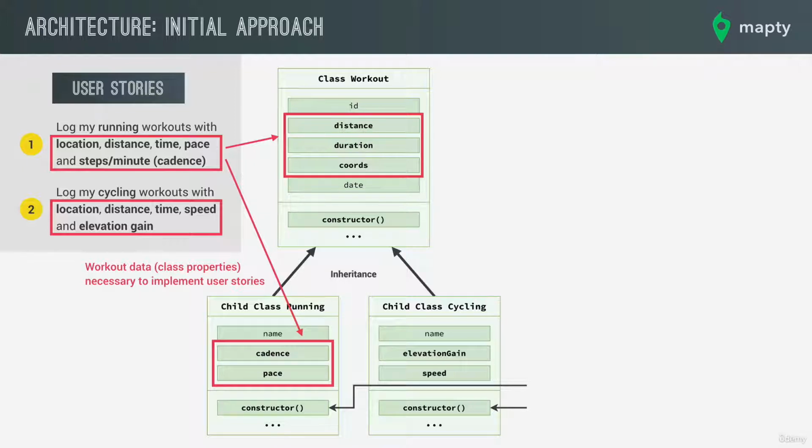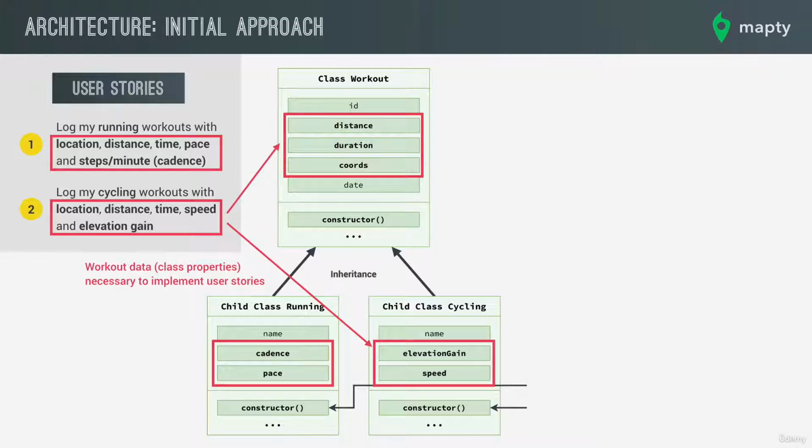So that we can have more specific classes that can inherit behavior and common properties that are common to all the child classes. So the cadence and pace are specific for running, and then the elevation gain and speed are specific to the cycling. Okay? But once again, the cycling also has distance, duration, and coordinates, and so that's why they are there in the parent class, so in the workout class.